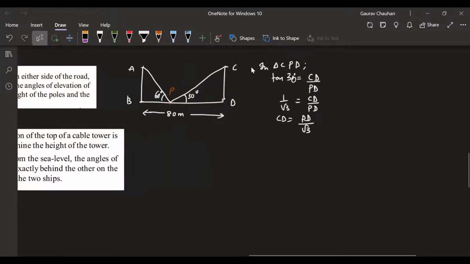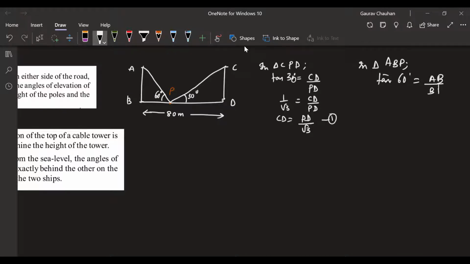And in triangle ABP, tan 60 is equal to AB by BP. Tan 60 is root 3, equal to AB by BP. Again cross multiplying, we get AB is equal to root 3 into BP. We'll mark it as equation 2.